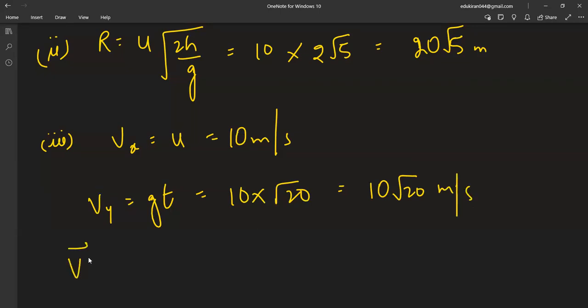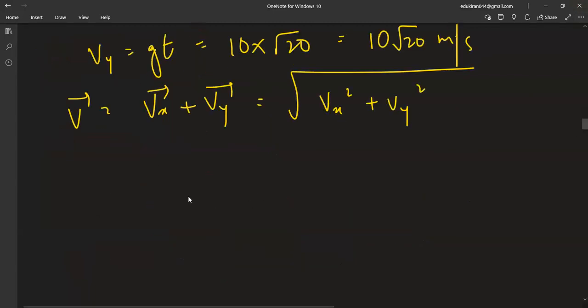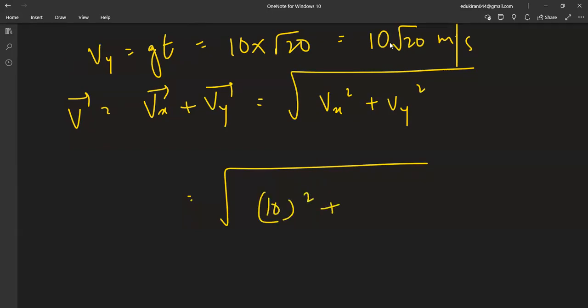Now, what is the final net velocity? That is Vx vector plus Vy vector. How do we find its magnitude? Take their coefficients and square them up. So this becomes, coefficient of this is 10 only, 10 square plus coefficient of this is 10 root 20, whole square, meter per second.